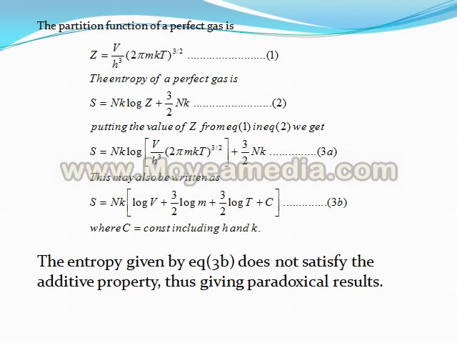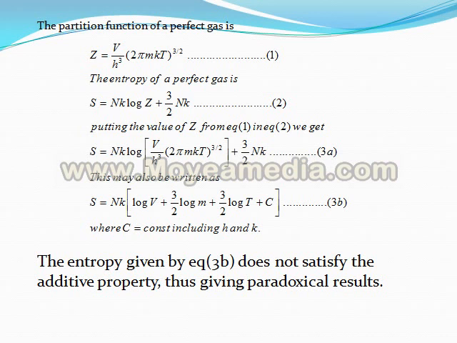Now we put the value of Z from equation 1 in equation 2. We will get S equals Nk log bracket start V upon h cube, 2 pi mkT to the power 3 by 2 bracket closed, plus 3 by 2 Nk. This represents equation 3a. Now this equation can also be written as S equals Nk bracket start log V plus 3 by 2 log M plus 3 by 2 log T plus C bracket closed.